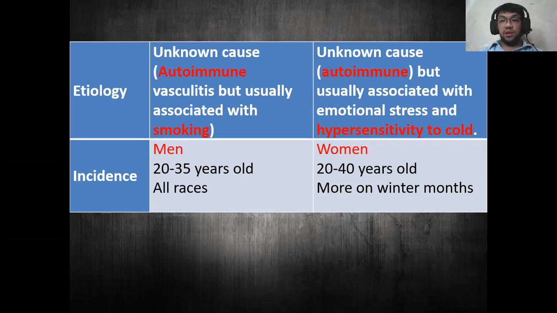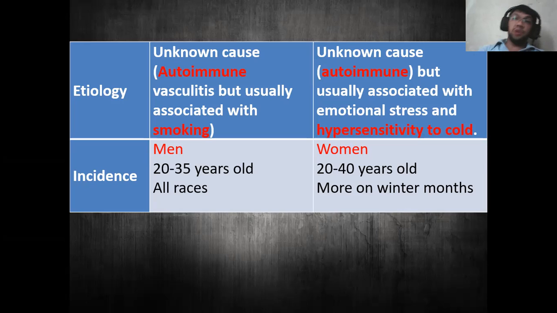For Raynaud's disease, it's usually associated with emotional stress and hypersensitivity to cold. Buerger's is more common in men, 20 to 35 years of age, all races, while Raynaud's disease is common in women this time, 20 to 40 years old.